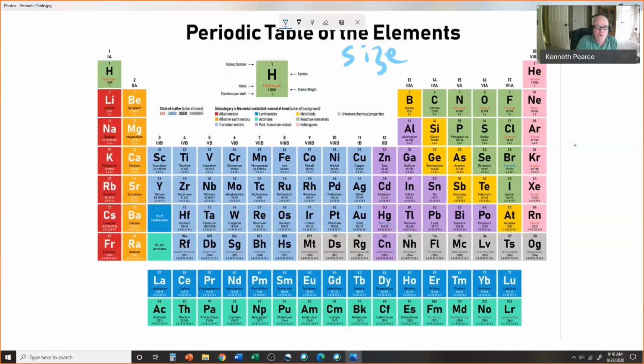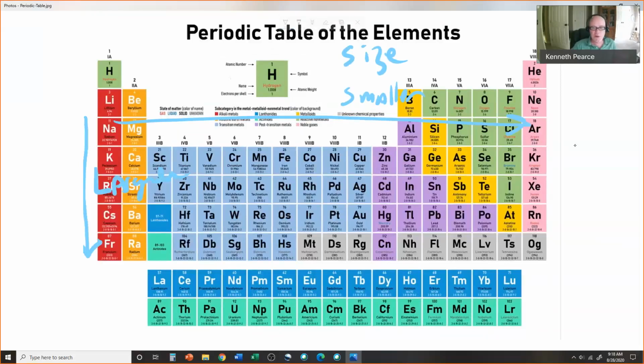And the way it works is contrary to what you might think. As we go left to right, we get smaller. Atoms actually get smaller as we go left to right. Even though there's more stuff, they actually get smaller. And as we go top to bottom, they get larger.